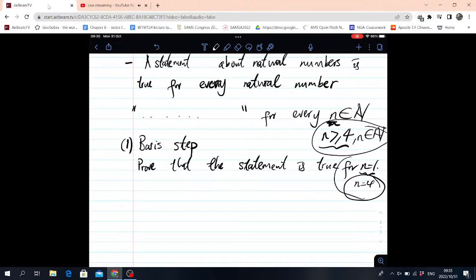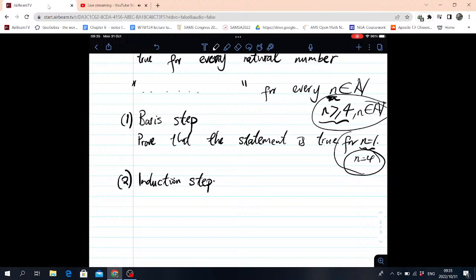And then the second step is the induction step. So here there are two parts to this step. So number one, you have to assume that the statement is true.